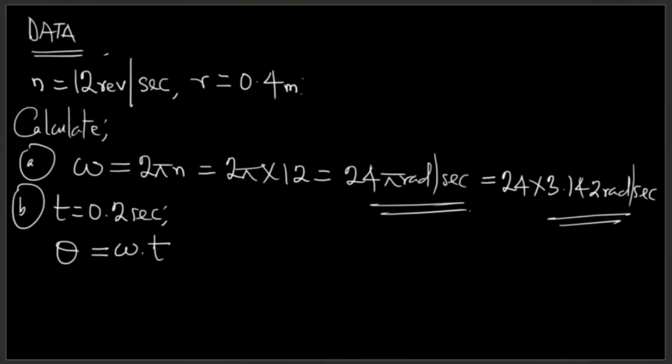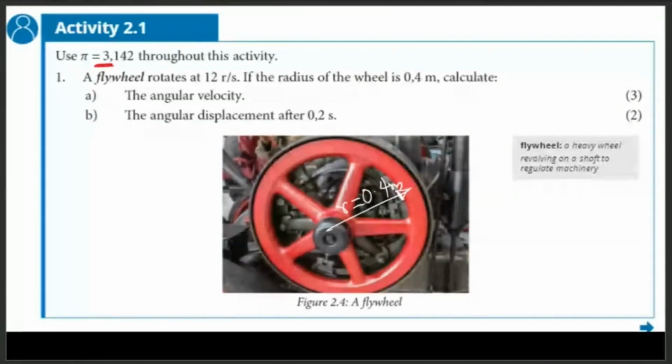So we're going to have 24 pi multiplied by the time, which is 0.2. This is going to give us 4.8 pi. I'm just leaving it in terms of pi here. Then you will be able to convert it yourself because the question says that you must use pi as 3.142.